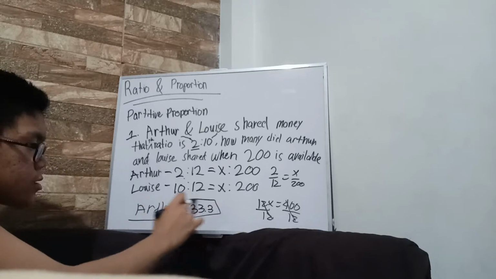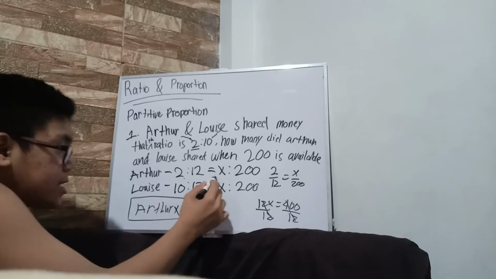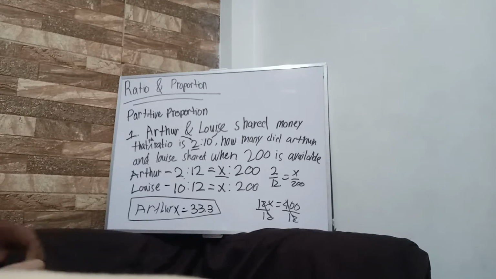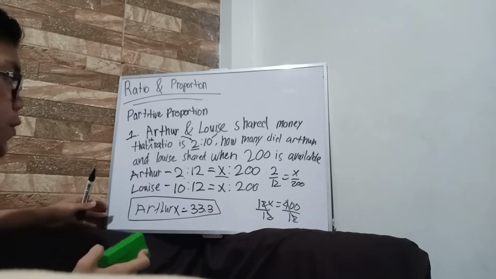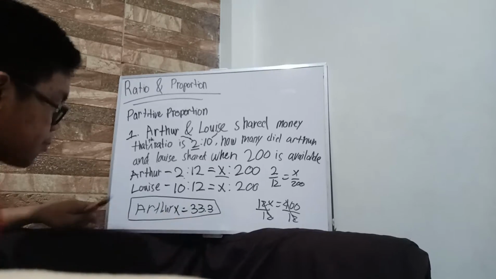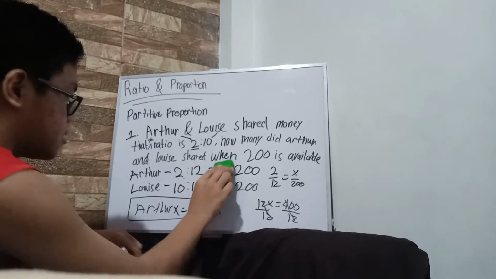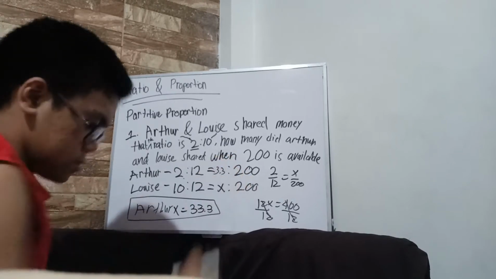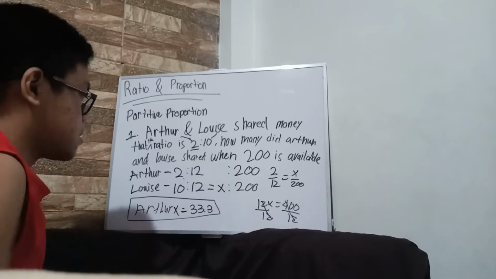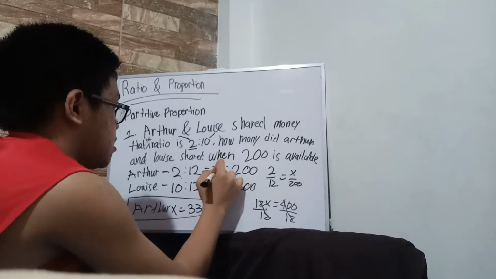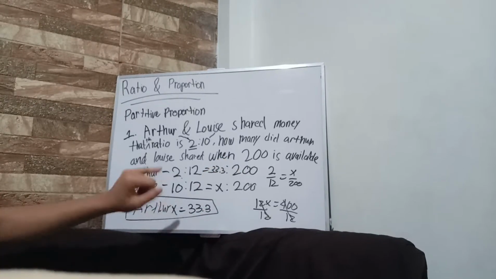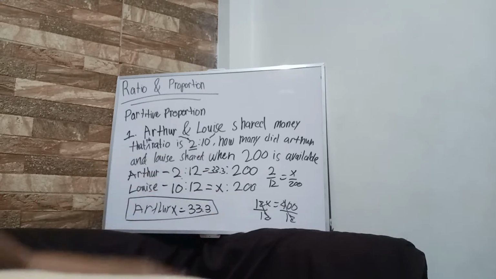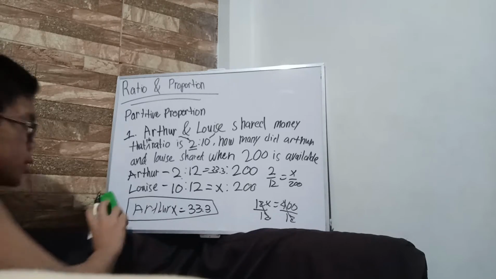So that's how you solve. The answer will be 2 is to 12 is equal to 33.3 is to 200. So that's for Arthur. So let's solve for Luis.